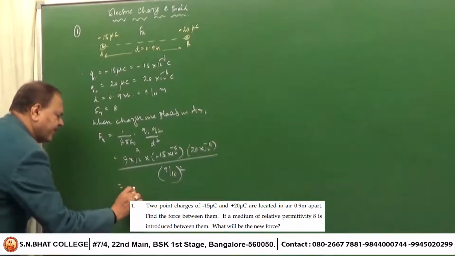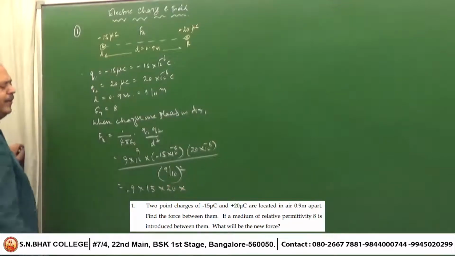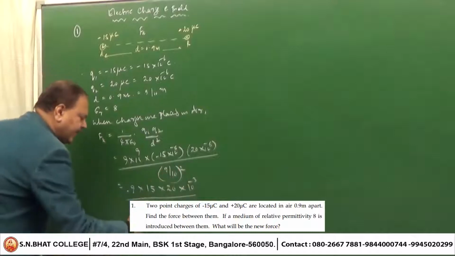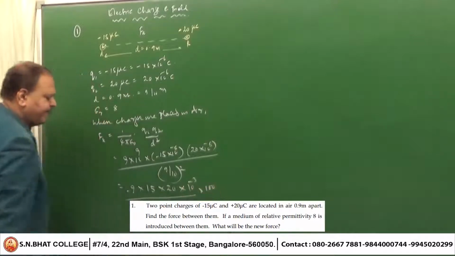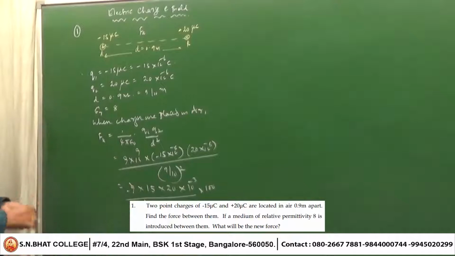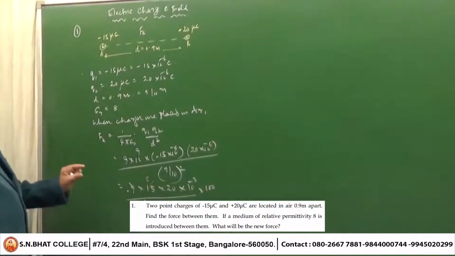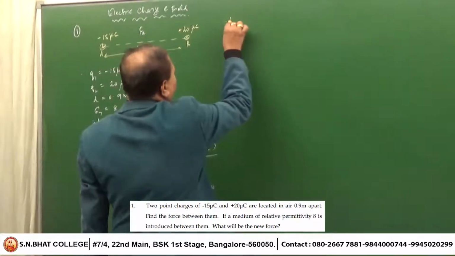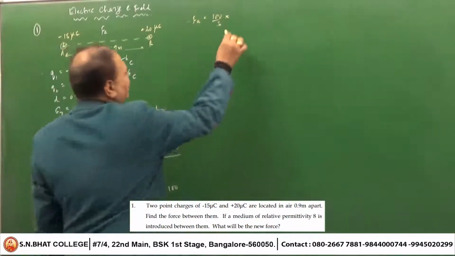Now you simplify all these things. It's equal to 9, the minus sign of 15 into 20, and 10 to the power minus 6 into minus 6 is minus 12, and here is a plus 9, and therefore you are left with minus 3 in the numerator, whole divided by 9 square, which you can write as 9 into 9, and this 1 by 100 comes to the numerator. One of the 9s gets cancelled. Now 20 into 5 is equal to 100, and therefore your force in air is equal to 100 divided by 3 into 10 to the power of minus 1.